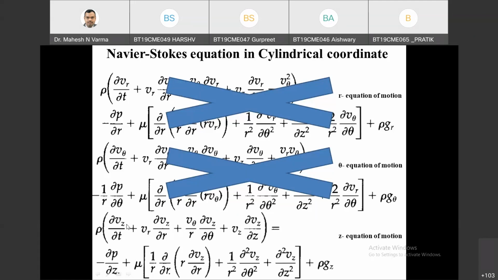Just now it was discussed a minute before, the same thing, only the language was different. Somebody was telling that it is non-accelerating flow, and now it is steady state. It is one and the same thing. Non-accelerating flow for a closed pipe and steady state are one and the same thing.